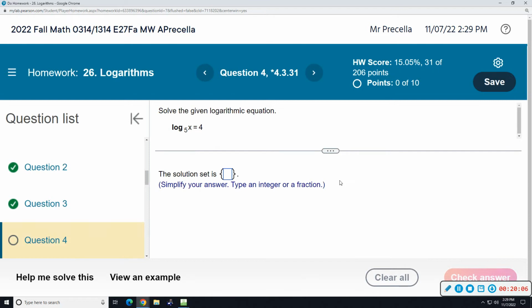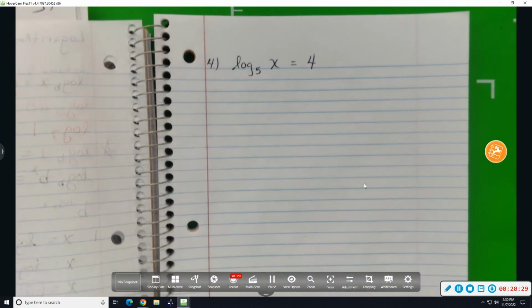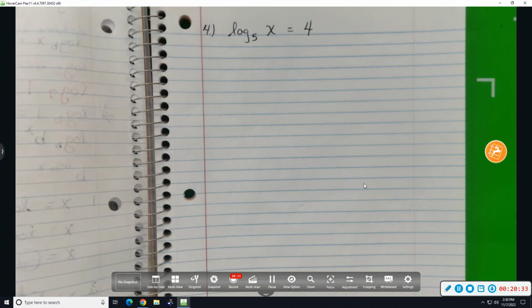Number 4. Let me write it down. Log base 5 of x equals 4. Same instruction, solve this equation. But I claim this problem looks different from the other ones.